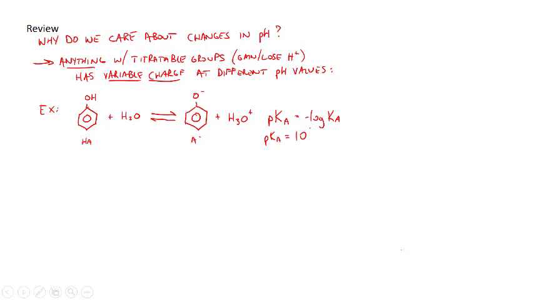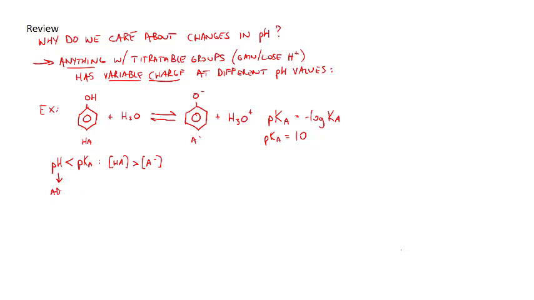So what is that saying to us? Well, what that's saying to us is that whenever your pH is lower than the pKa, you're going to have more of your conjugate acid than conjugate base. Now, there's an important way that you can rationalize this. Just think of Le Chatelier's principle, right?